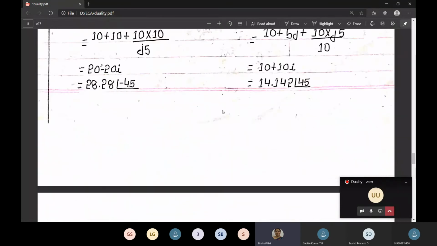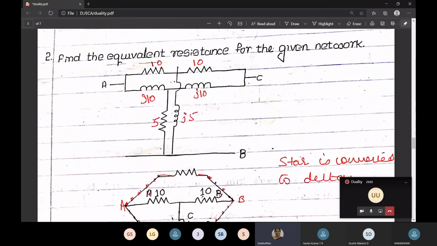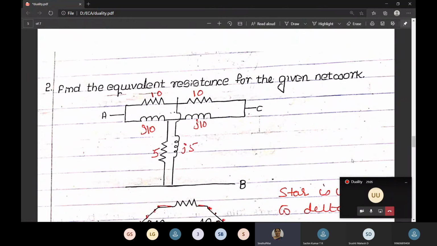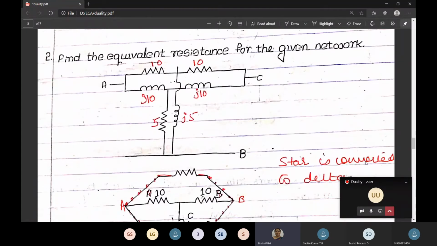Next I will show this problem. They told me that they didn't follow this problem. Find the equivalent resistance for the given network. This is the given network. They have given two star connections. One star connection is 10, 10 and J5. That is one branch. One more branch is J10, J10 and 5.